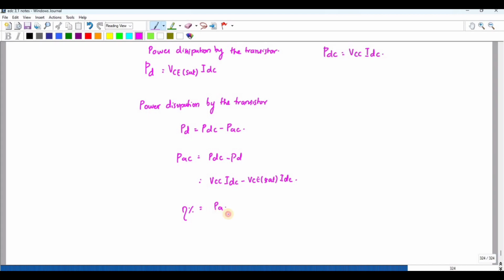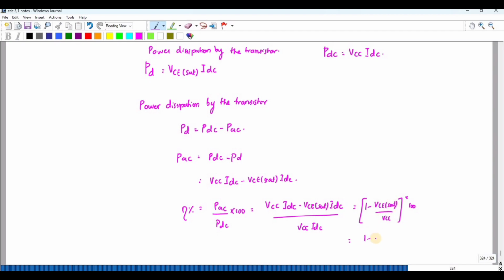So we know that the conversion efficiency is PAC by PDC into 100. So this is nothing but VCC IDC minus VCE saturation IDC divided by VCC into IDC. If I take IDC common and divide by VCC, I will get 1 minus VCE saturation by VCC into 100.